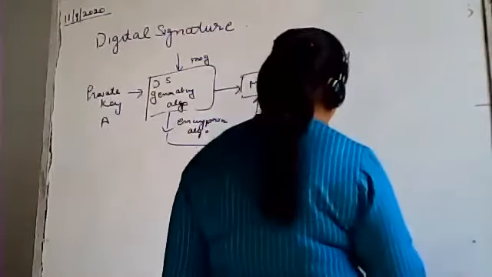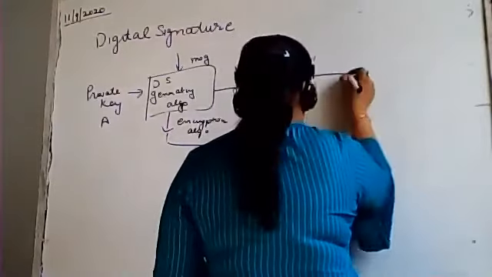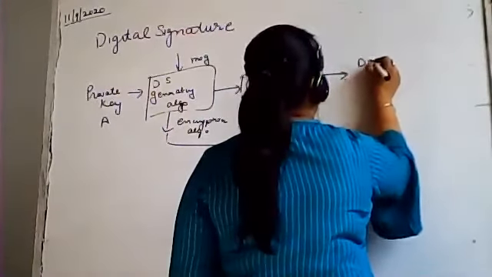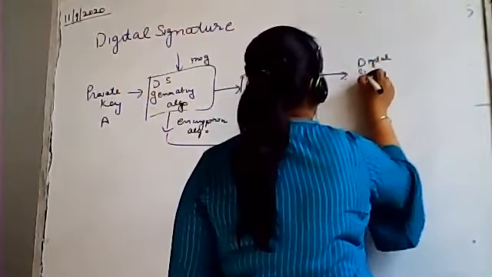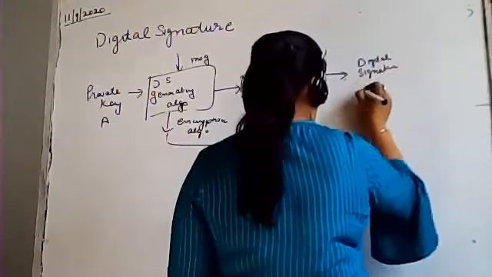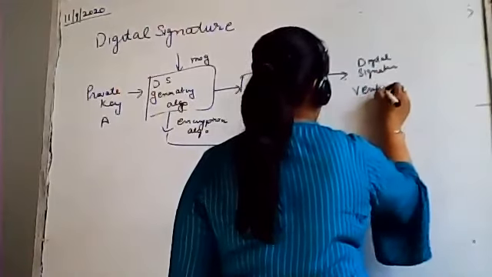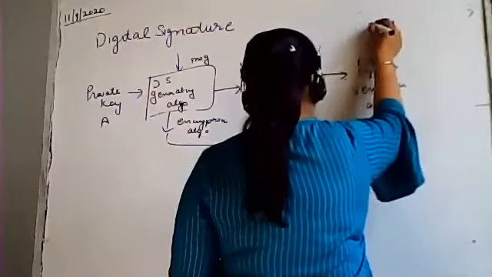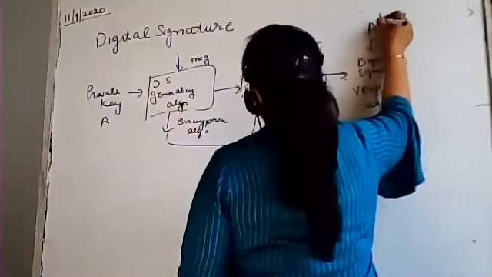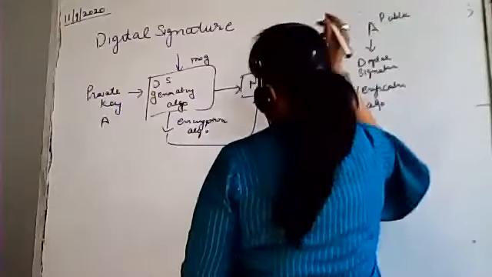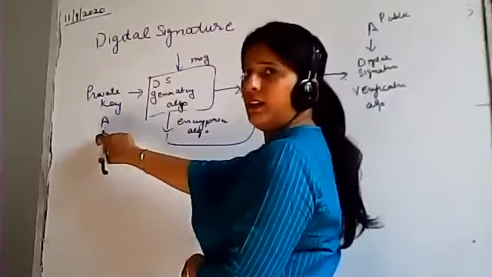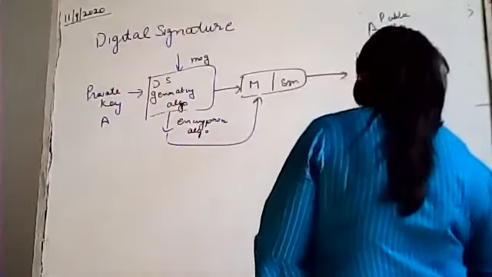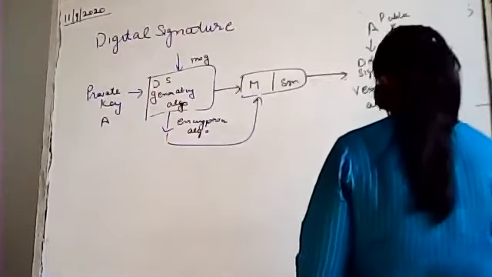Now the next thing is the digital signature on the receiver end. We have a digital signature verification algorithm. We will use the public key of A to decrypt that message, just as we used the private key of A over here.